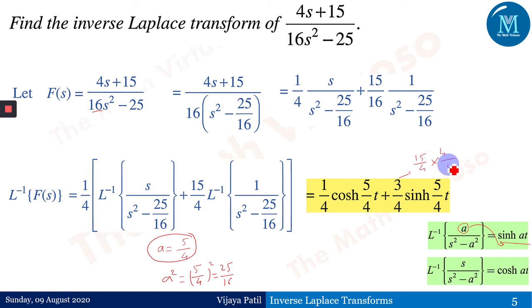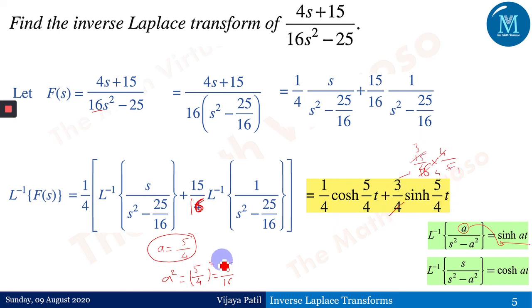I think I have made a mistake here. Sorry, this is 16 over here. Yeah, this is 16. Because this is 16 here, I will get this 4 and this 4. So it's 5 and this is 3. So it's 3 by 4 times sine hyperbolic 5 by 4 t.